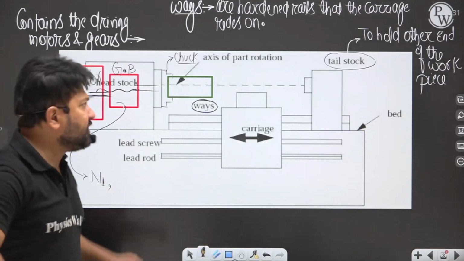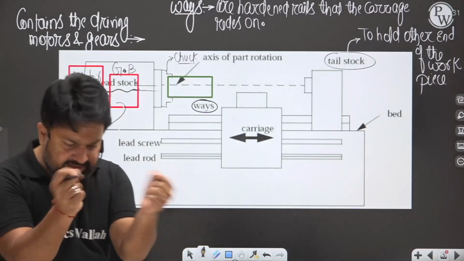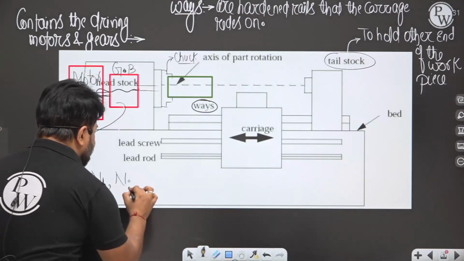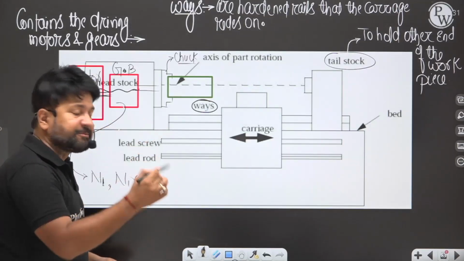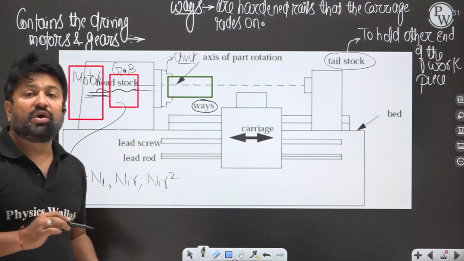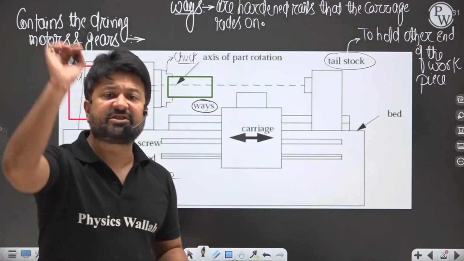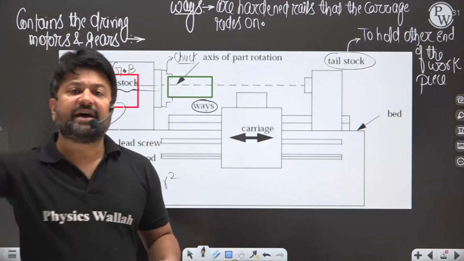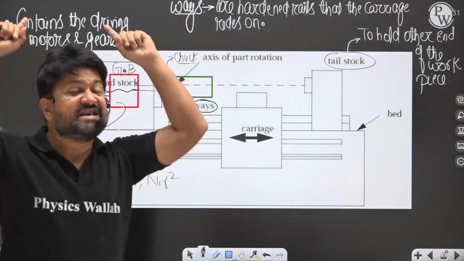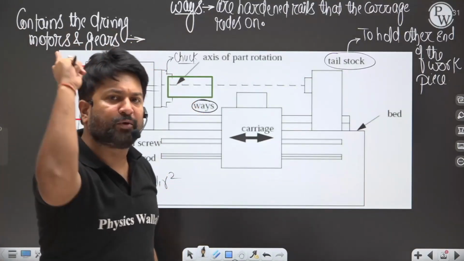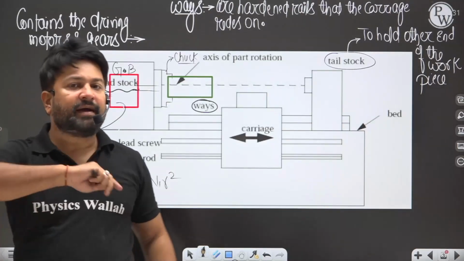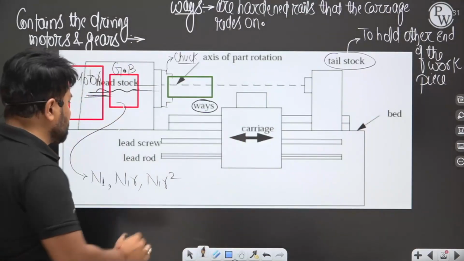The next speed, by adjusting the lever on the gearbox, will be N1R, and the next will be N1R squared. So the spindle speeds are in a geometric progression. Am I clear?